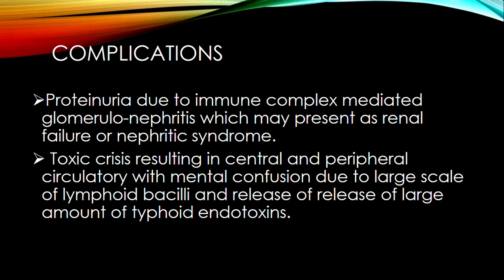Because the bacteria is present in the body, it's also producing toxins, and when these toxins reach the brain, they may cause mental confusion. And as we talked about in the signs and symptoms, the patient may also be delirious. All that is because of the endotoxins produced by the bacteria.